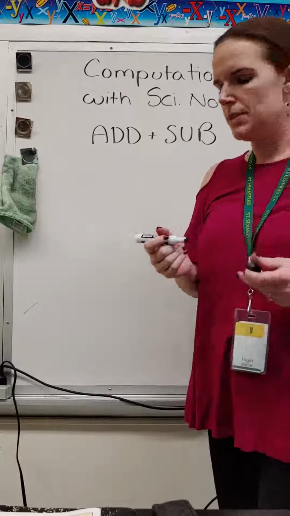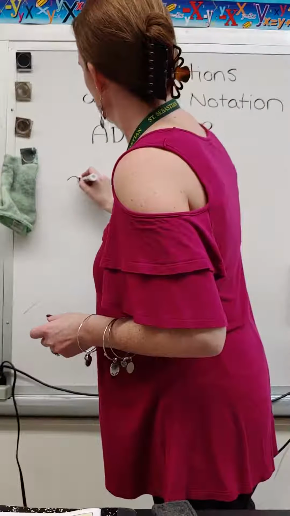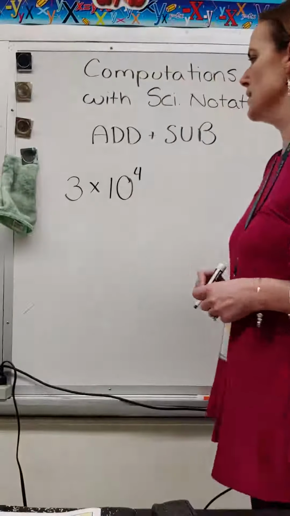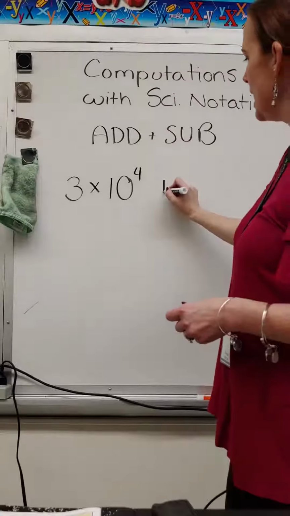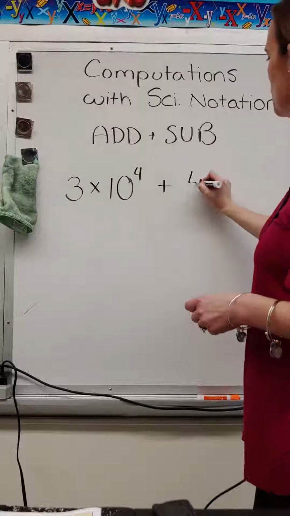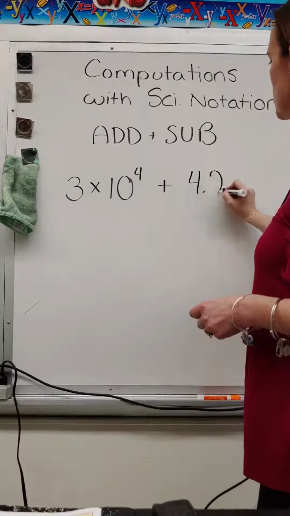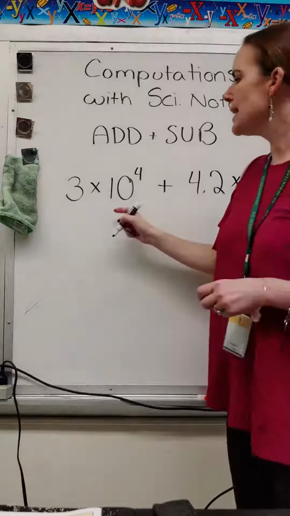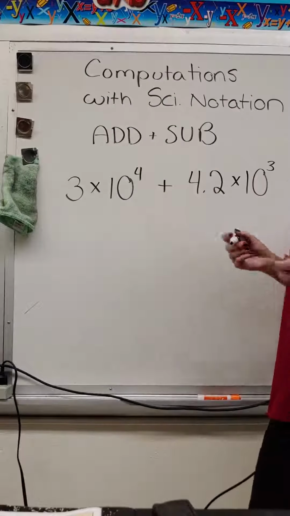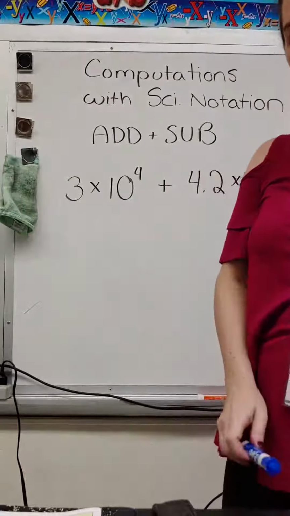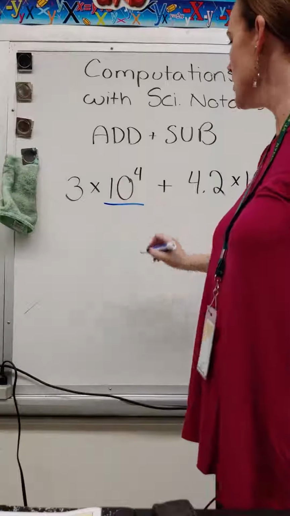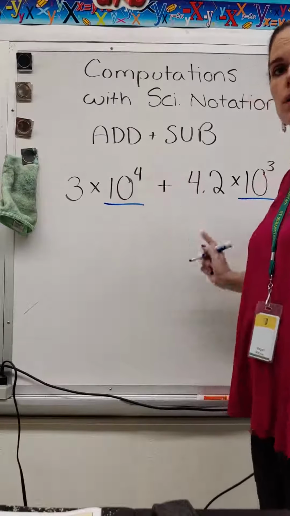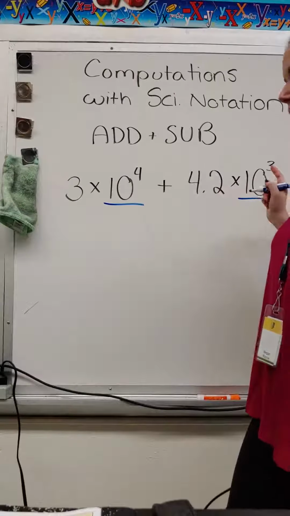So when you have something like 3 times 10 to the fourth, and I want to add that to, let's say, 4.2 times 10 to the third, I cannot add these until the powers are the same. So this 10 to the fourth and this 10 to the third, they either both need to be to the fourth or they both need to be to the third.